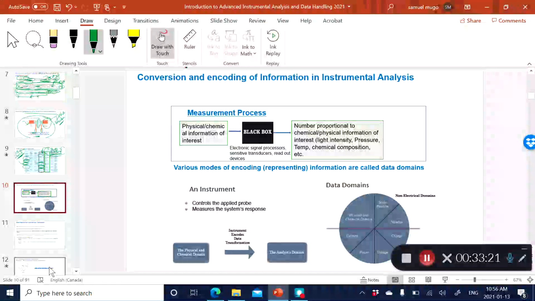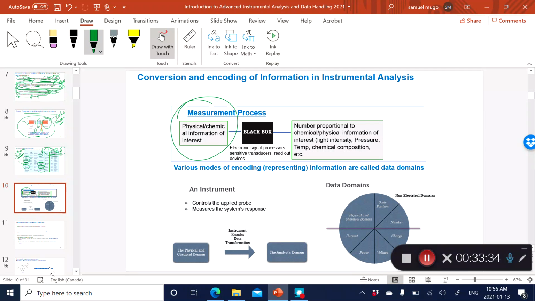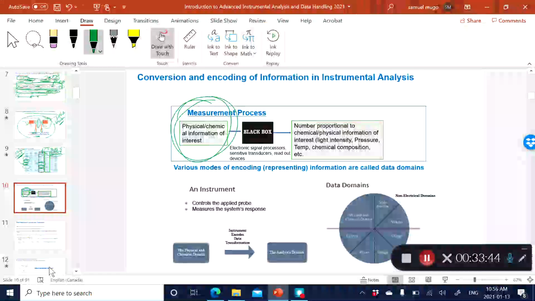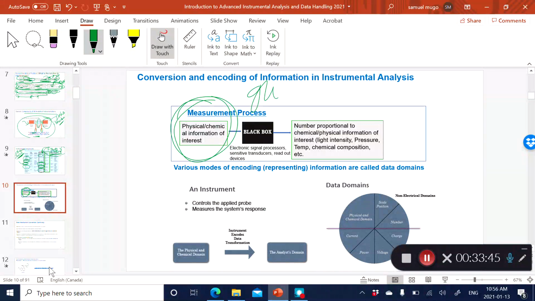Now, when you're talking about instrumental methods, you may find lots of people thinking of it as a black box. Because think about it, in most cases we are interested in a physical quantity or a chemical quantity. If I'm trying to analyze, say, glucose in blood, what I'm interested in is glucose, which is a chemical quantity.